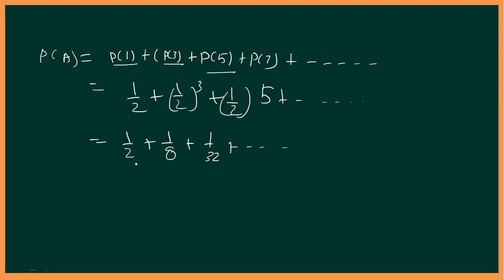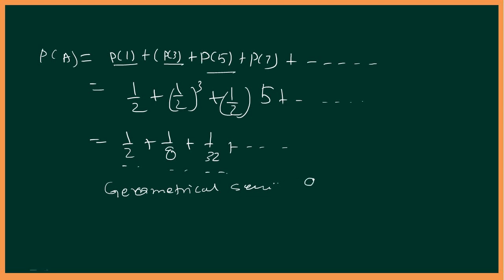Here we can see this is a series. And which type of series? This is a geometrical series, and this series is converging. Why converging? Because it's 1 by 2, then it is reducing to 1 by 8, then again reducing to 1 by 32. So this series is converging.